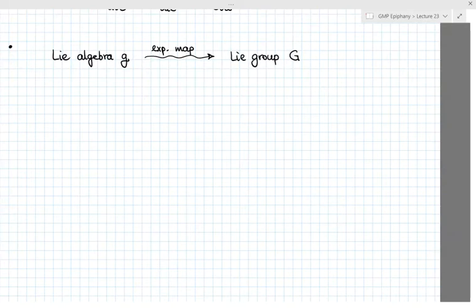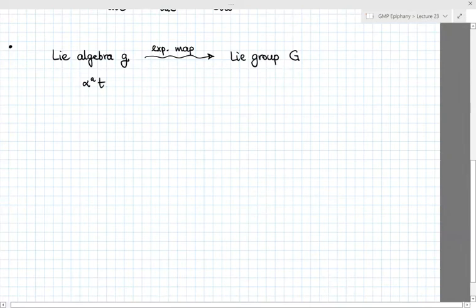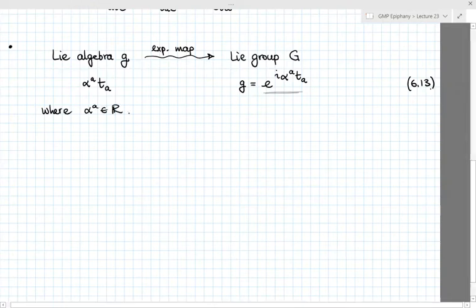So let's say we have a Lie algebra element, let's call it alpha^A T^A, then the associated group element will be the exponential of i alpha^A T^A, where here alpha^A are real because the Lie algebra is a real vector space.